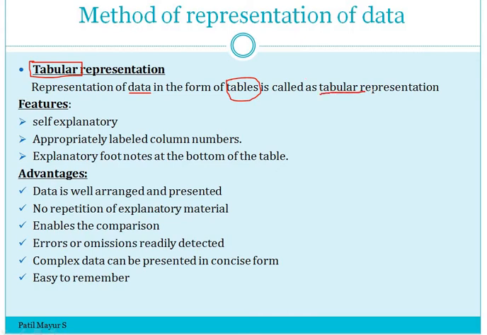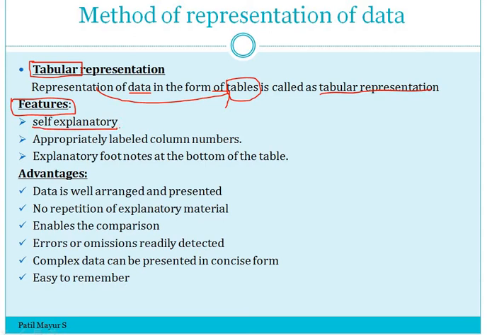So tabular representation is nothing but the representation in the form of tables. Very simple. So what are the different features of this tabular representation? The first feature is that tables are always self-explanatory.